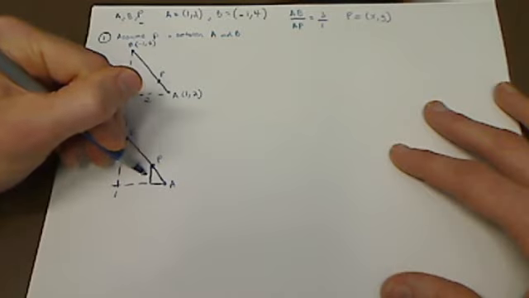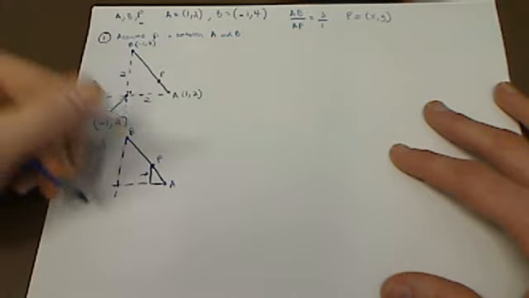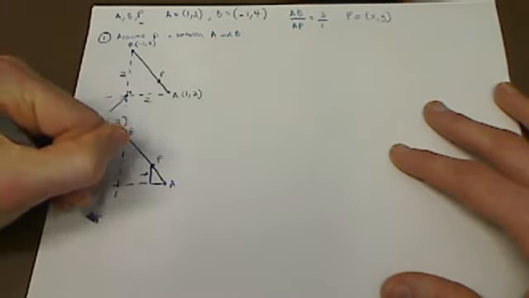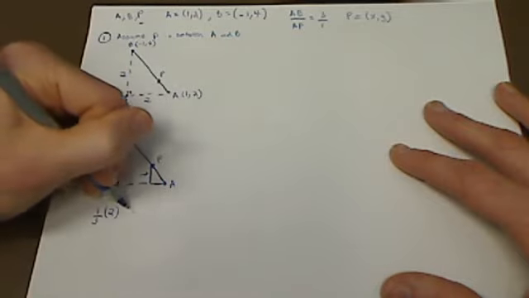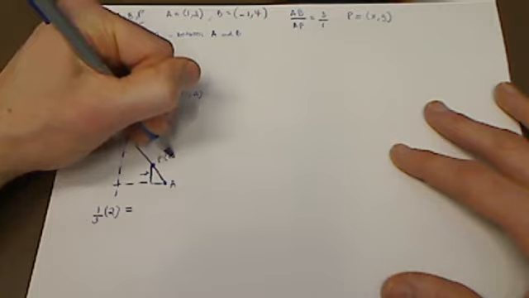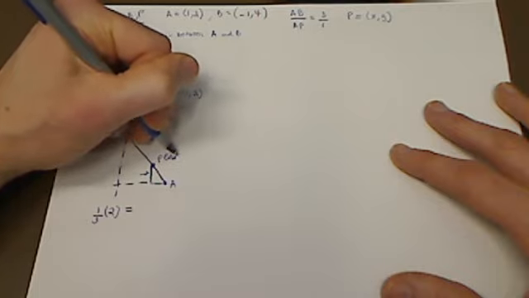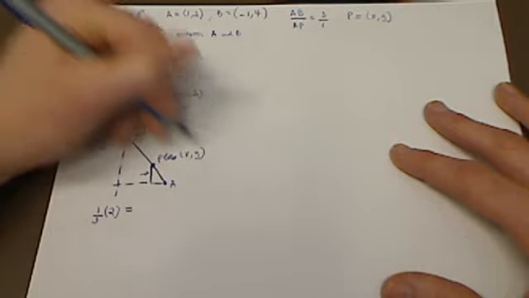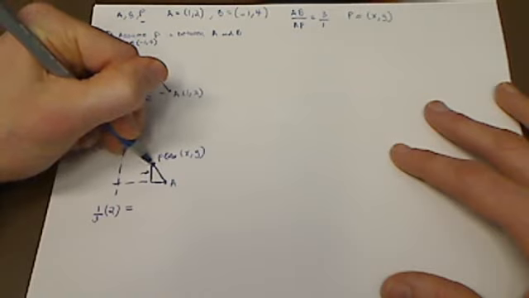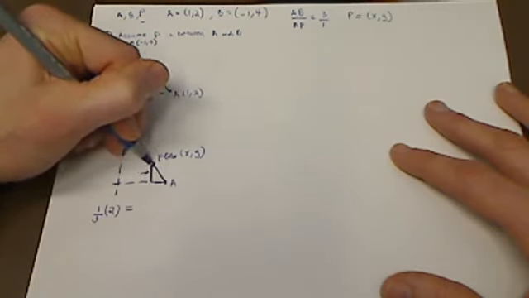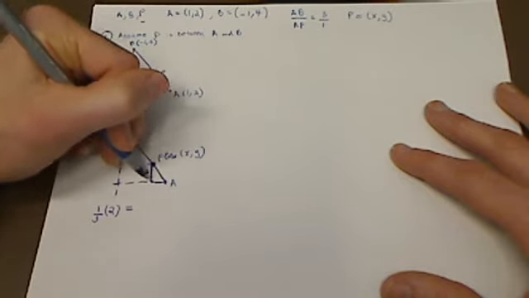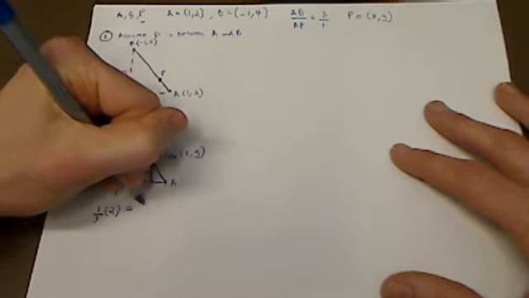So the length of this leg right there has to be 1/3 of this length. Now, the coordinates of P, I used x and y. P has a y value of y, and that means the length here would be y minus the y coordinate here, so y minus 2.